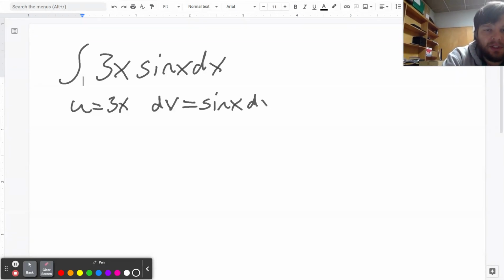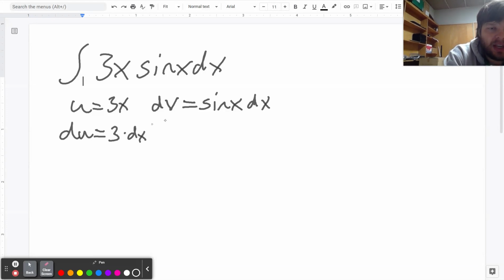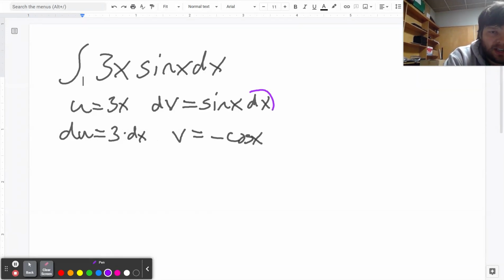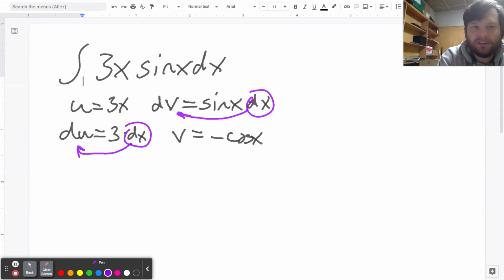A lot of times you'll see people write it using, instead of v prime, dv. So then du is 3 dx, and v is negative cosine x. By the way, all I'm doing is just writing this as if it was dv dx, and here writing this as if it was du dx, and then just solving the differential form.